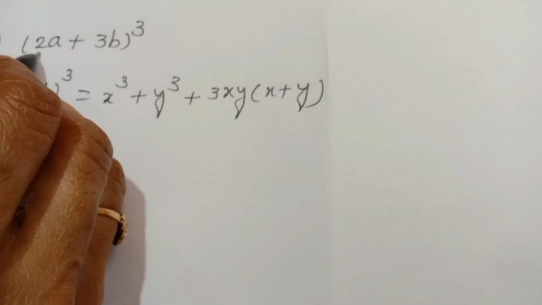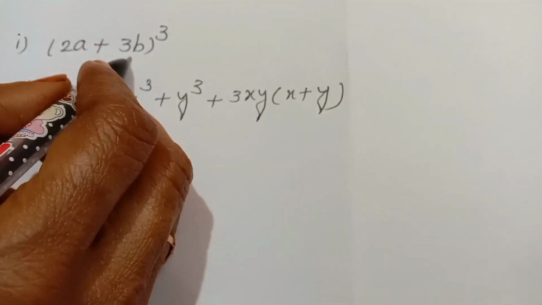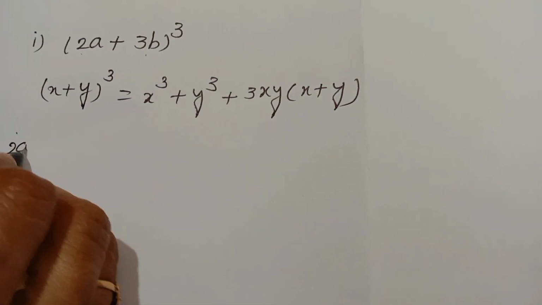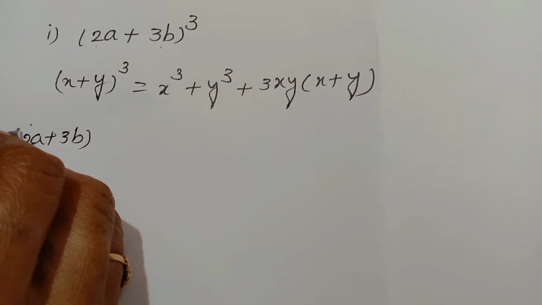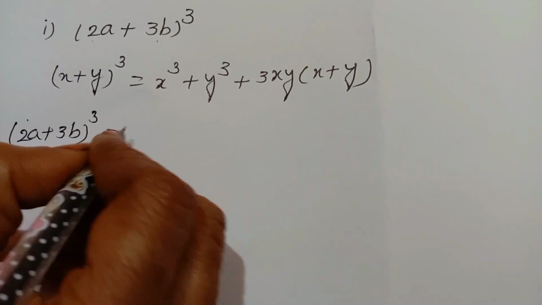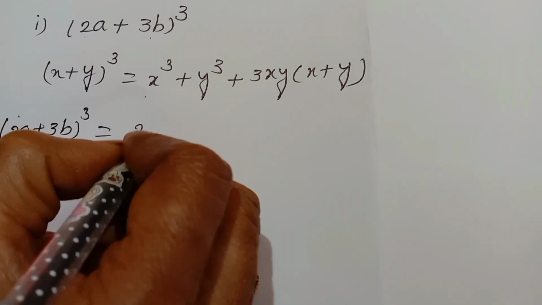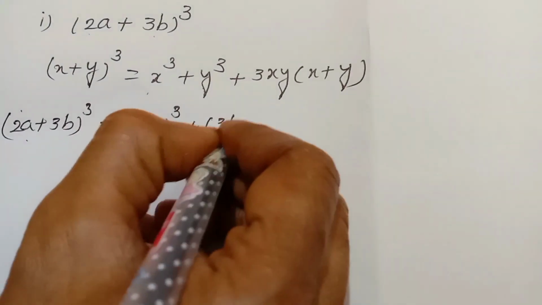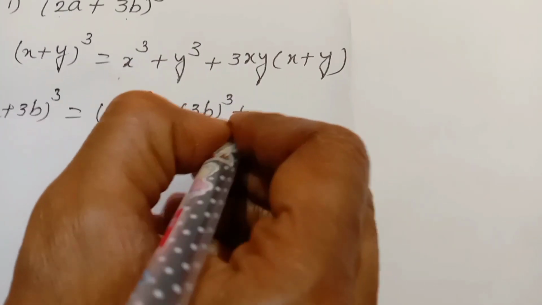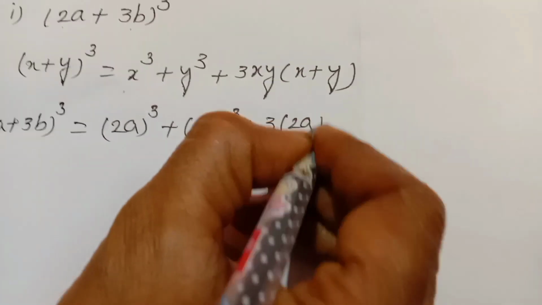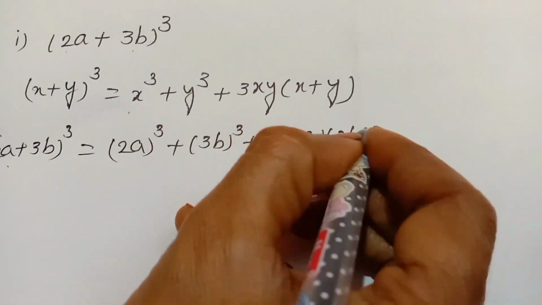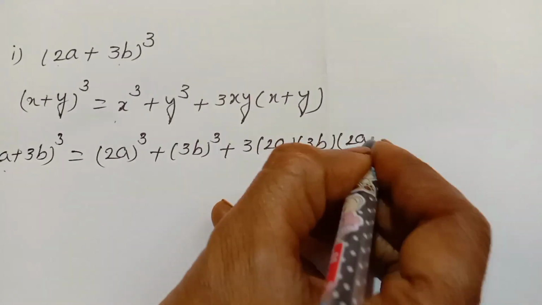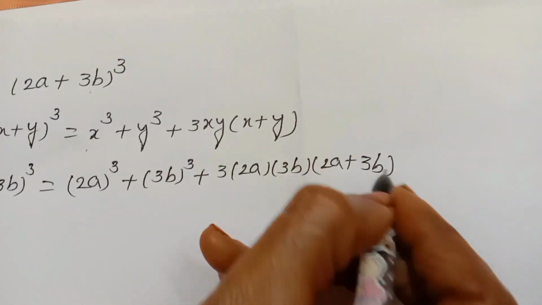Here x value is 2a and y value is 3b. 2a plus 3b whole cube is equal to 2a whole cube plus 3b whole cube plus 3 into 2a into 3b into 2a plus 3b.